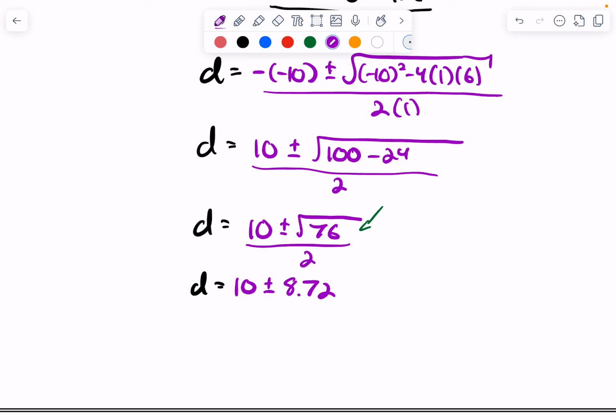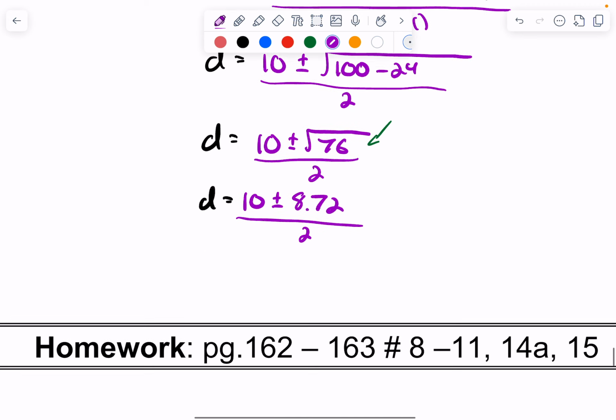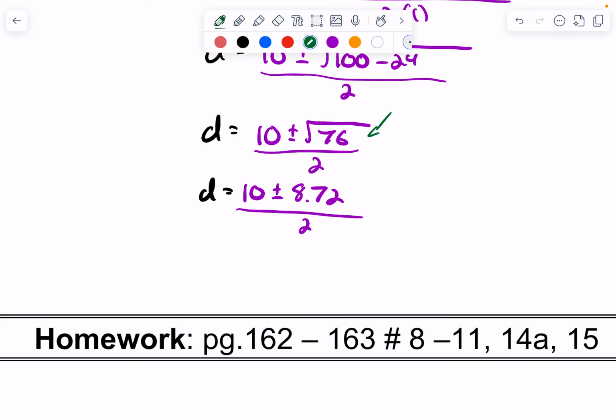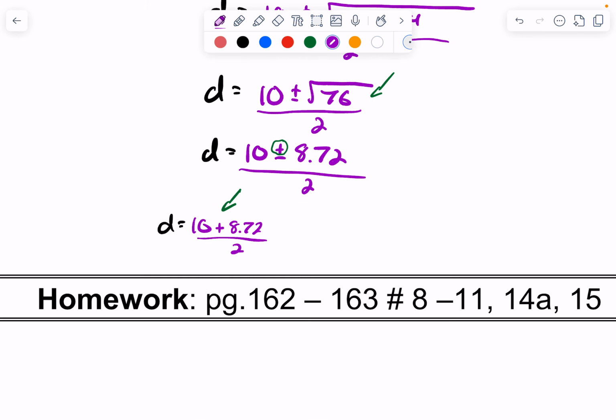Yep, 72, just double checking. Over 2. So that means you have one solution when you're dealing with the positive. So d equals 10 plus 8.72 over 2. Doing that, plus 10, divide by 2, you'll get a distance of 9.36, and we're measuring it in feet.